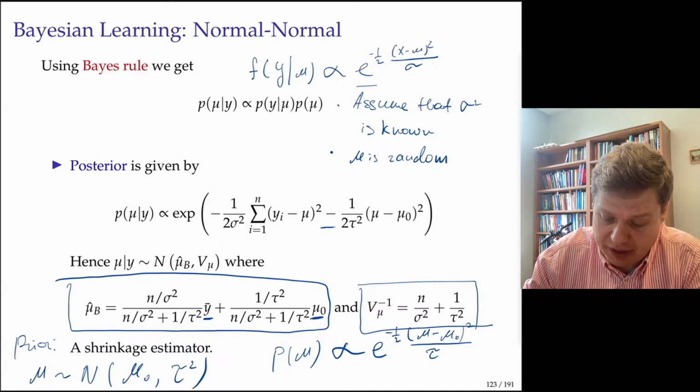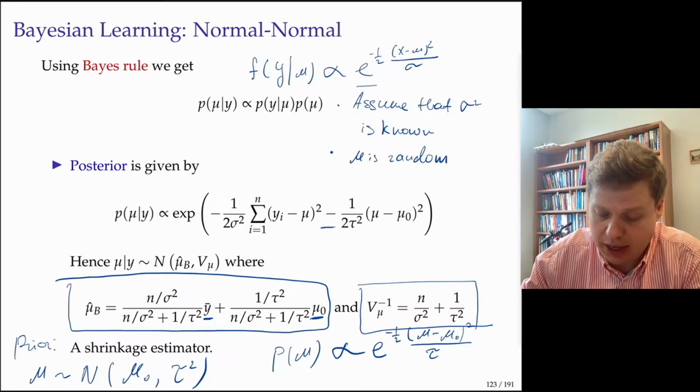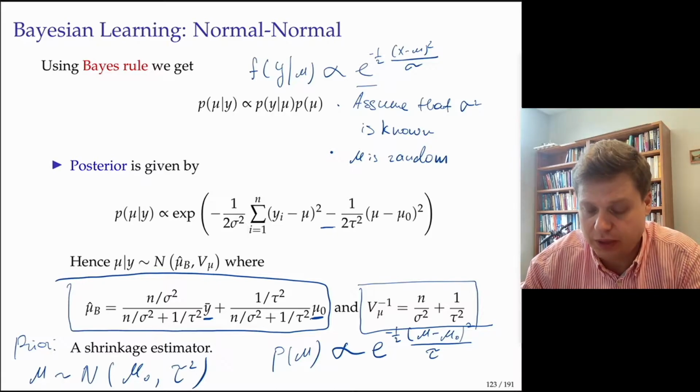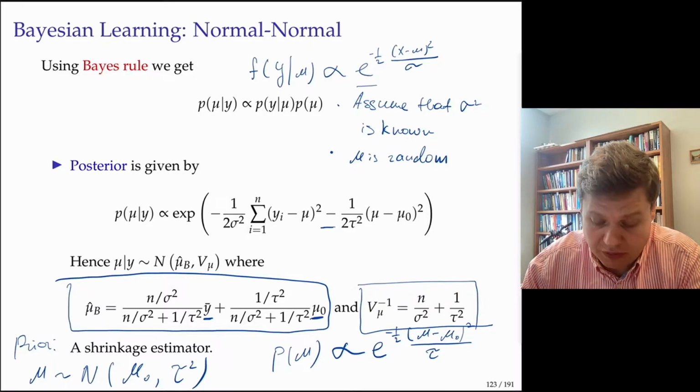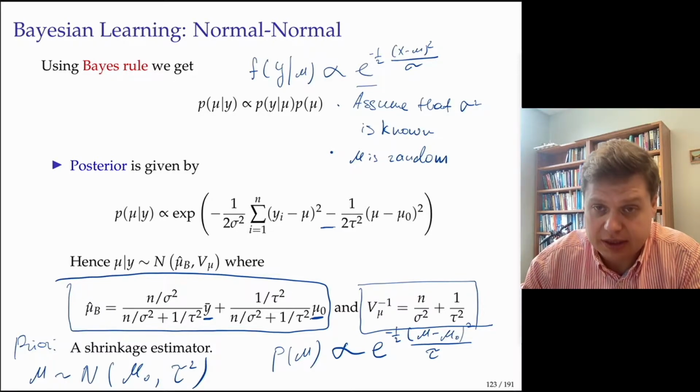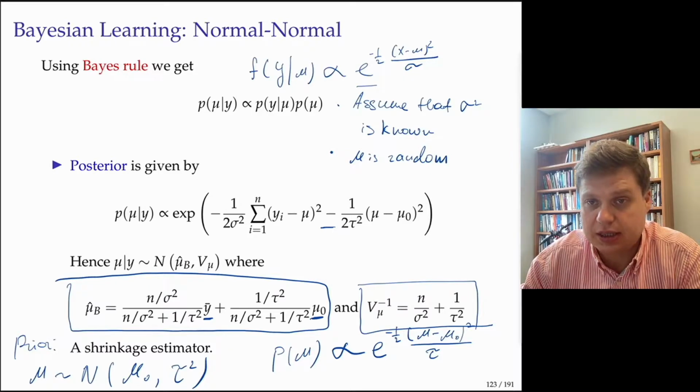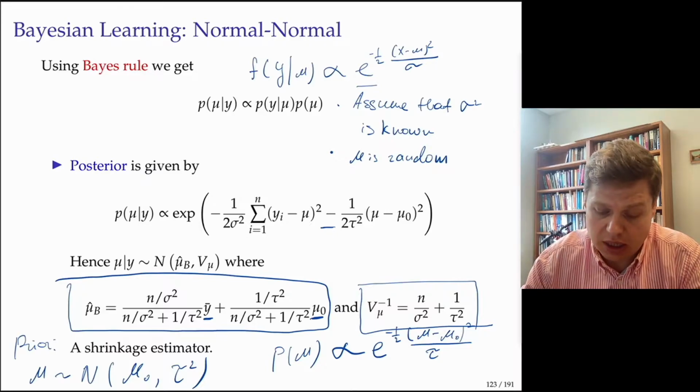So it's n divided by sigma squared, so n divided by the precision of the likelihood, plus 1 divided by tau squared, so the precision of the prior. And this term on the right-hand side gives us not the variance but the inverse of the variance, so it gives us the precision for the posterior.